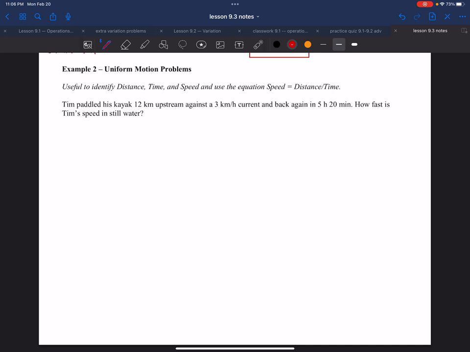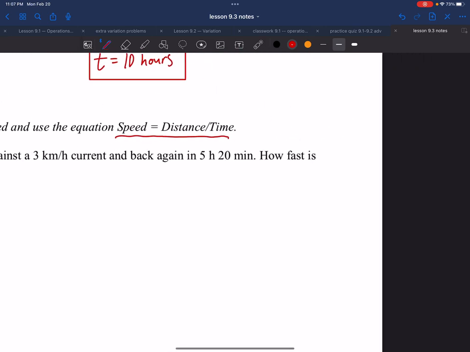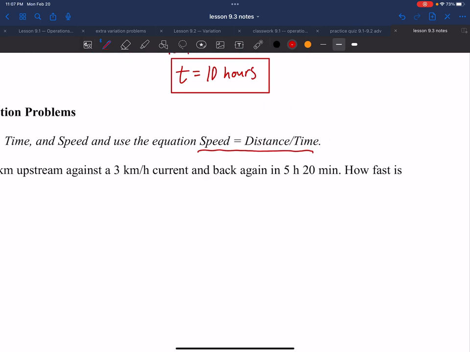Now, it's really important with these problems to understand this equation. Speed equals distance over time. And you're going to use that. You know that equation because that's what speed is. But you sometimes have to manipulate that equation to figure things out. So if I say that speed, I'll say that's v, that's d and t. I'm going to use v for velocity.